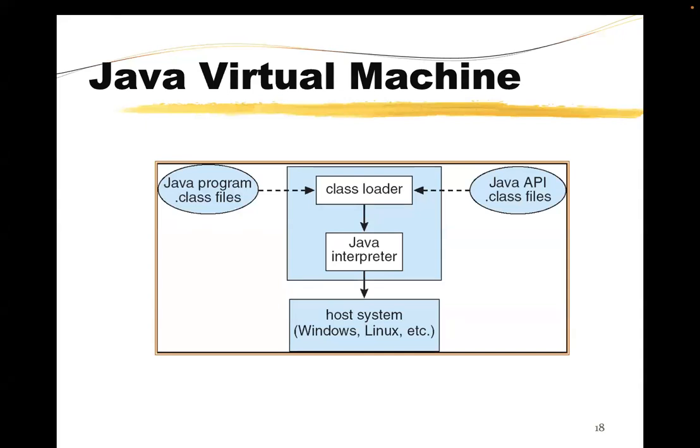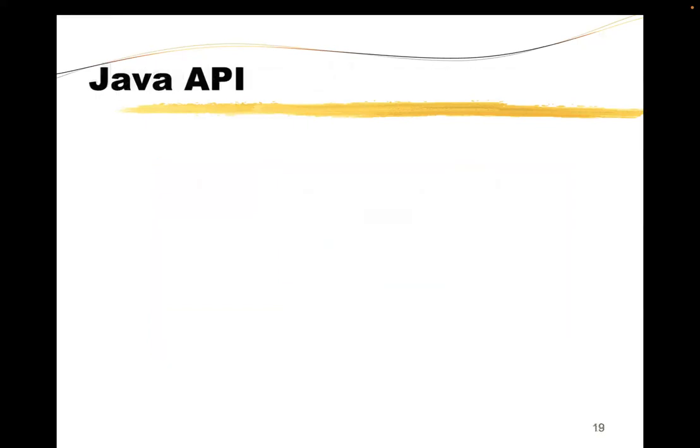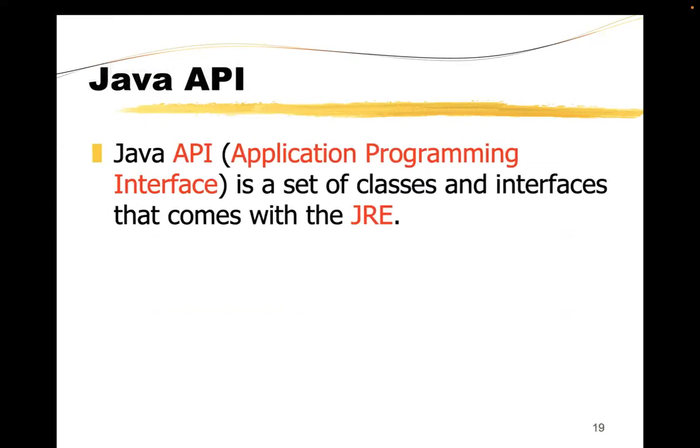Now, this is how the virtual machine works. We feed our class file into the Java virtual machine, and with the help of the Java API, the Java virtual machine interprets the class file line by line and provides the output, and the output communicates with the host operating system. Right.